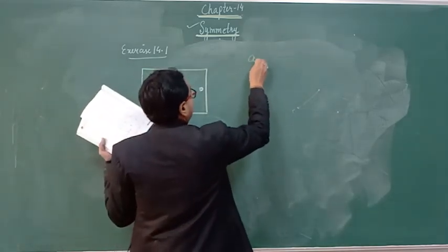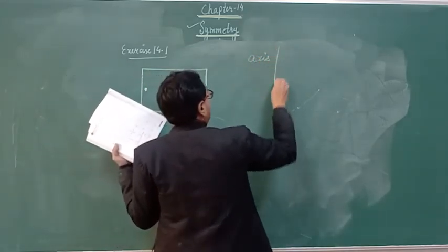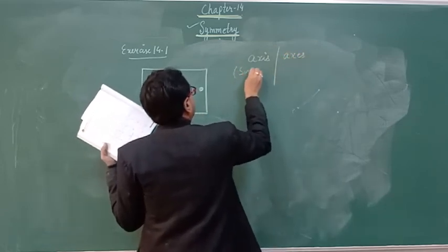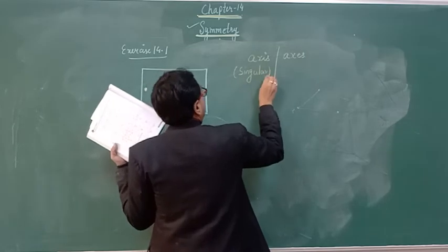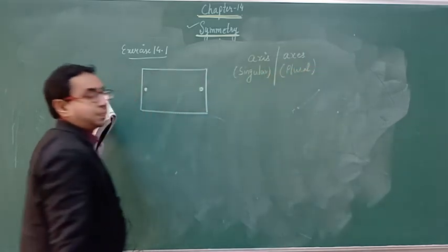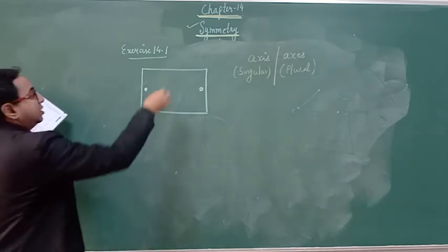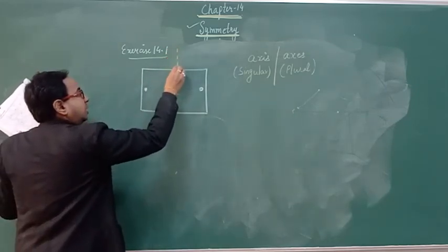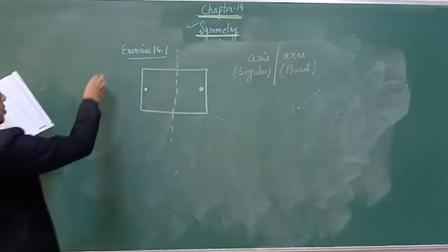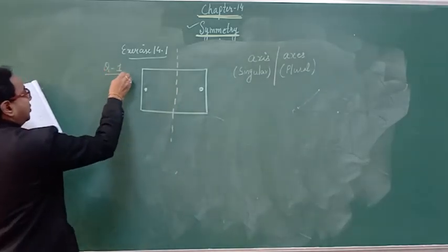What is the difference between axis and axes? Basically, this means singular and this means plural form, right? So, how will we get symmetry here? One vertical line will make it symmetric. This way we have to draw the line of symmetry for question number 1. You can try it, very easy.